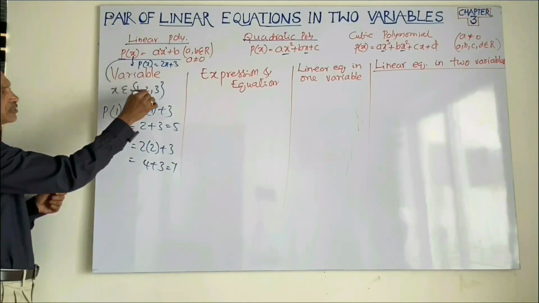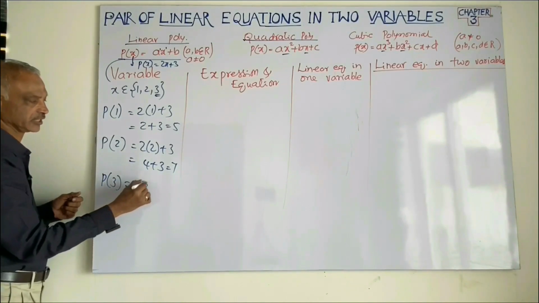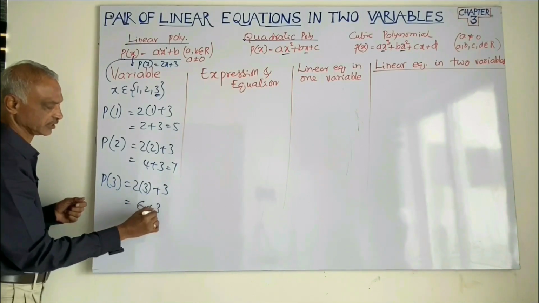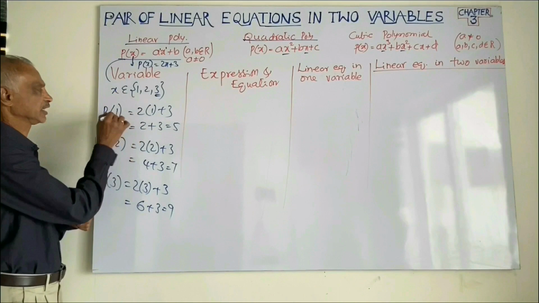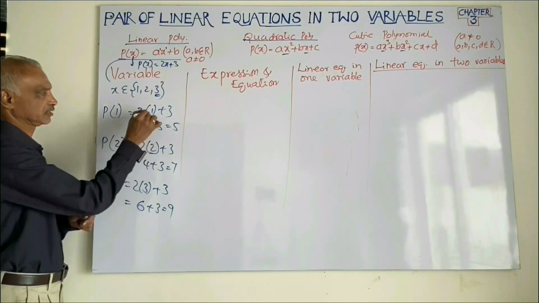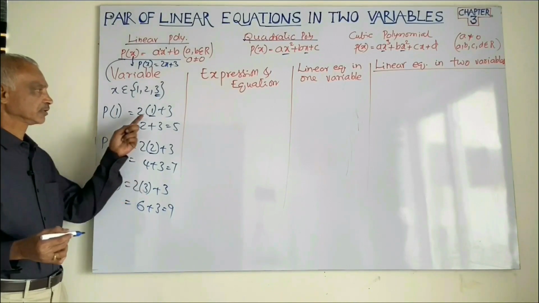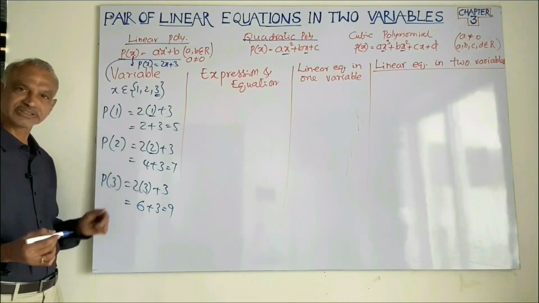In place of x, you substitute 3. P of 3: 2 into 3 plus 3, 2 threes are 6 plus 3, you are getting 9. Here you see x varies. The value of x changes from 1 to 3.